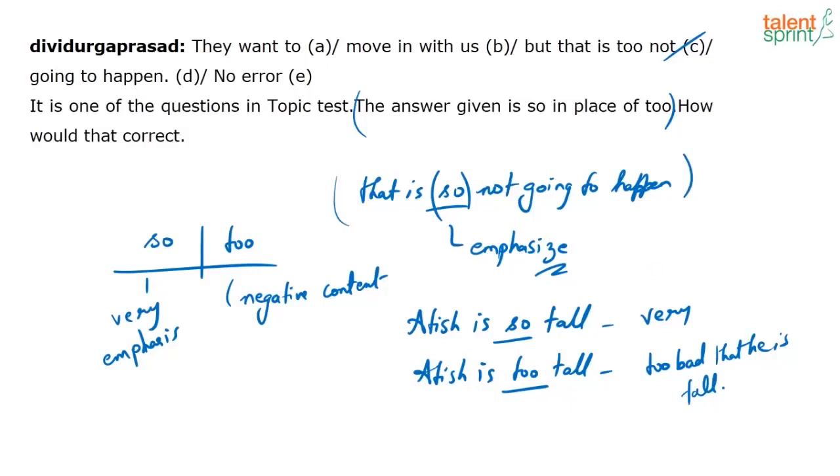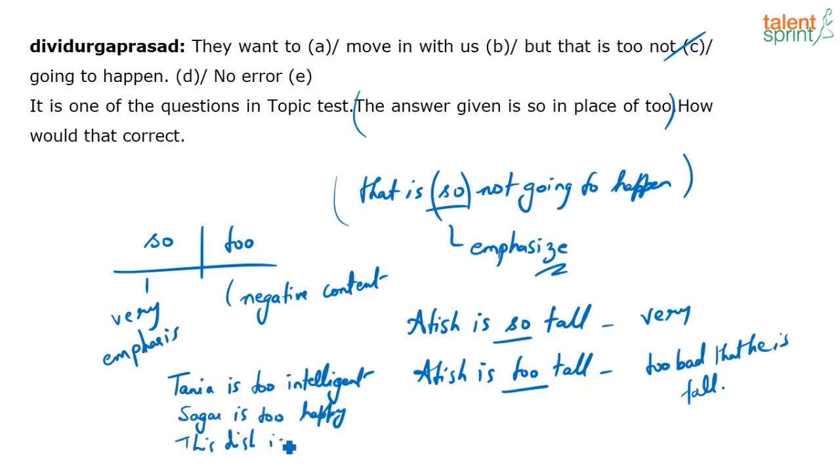Are you following? So always remember that. But I want you guys to also understand that sometimes, let me give you context, okay? If I say Tanya is too intelligent, or Sagar is too happy, or this dish is too delicious, right?